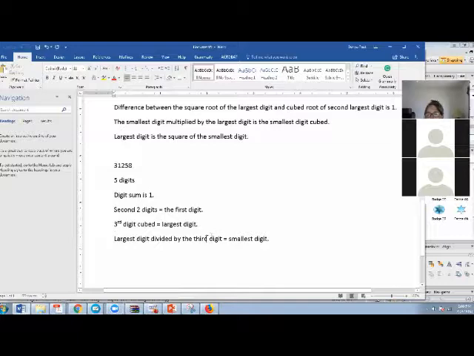Oh, minus 1, third digit minus 1, or the smallest digit. So let's just read this. The largest digit divided by the third digit, which is 2, minus the smallest digit equals the first digit. Okay, let's see. Sorry.